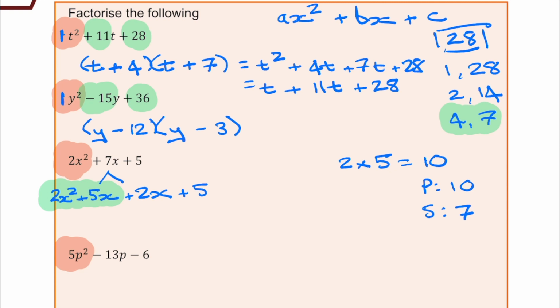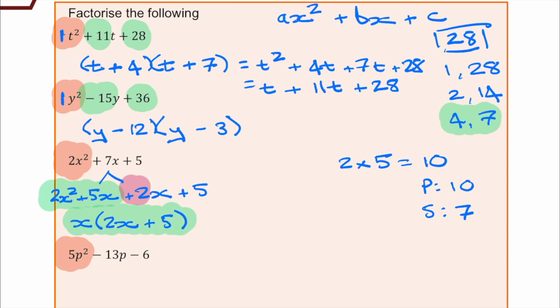So to factorise these two terms into a single bracket, I just need to think about what factors they have in common. And the only thing that they have in common here is an x. So I'm going to start by putting an x on the outside, and then what do I times x by to get 2x squared? Well, I times it by 2x. What do I times x by to get 5x? I times it by 5.